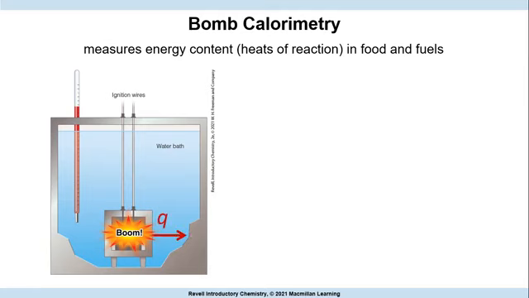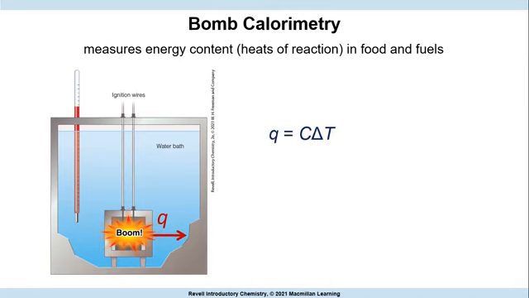Remember, in the bomb calorimeter, we are using Q is equal to C delta T, because we are using the heat capacity. The bomb calorimeter measures the energy content involved in food and fuels.